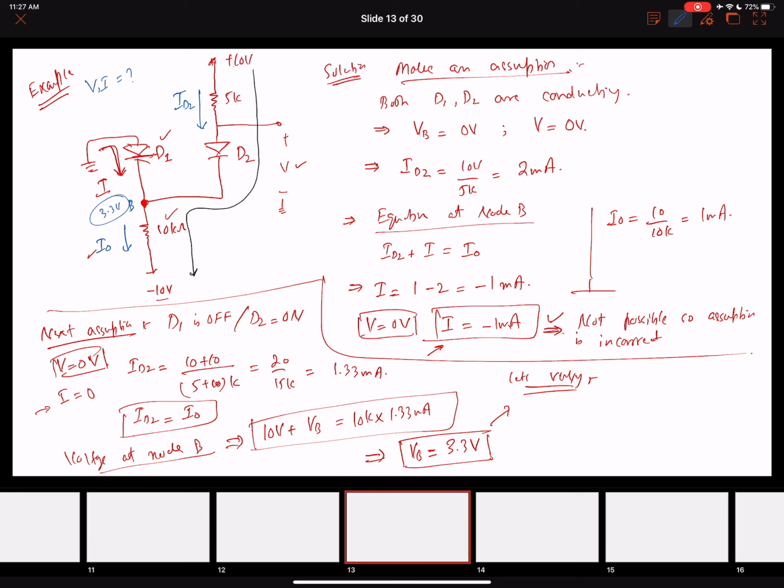So this means that I have a potential drop of 3.3 volts like this, and this potential drop means that D1 is off and open circuit, right? So D1 is reverse biased.